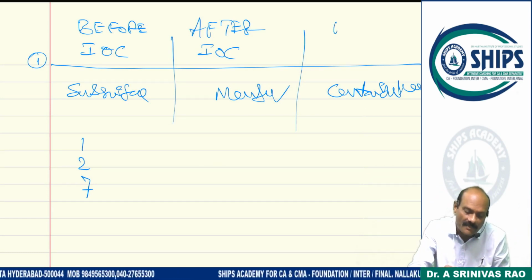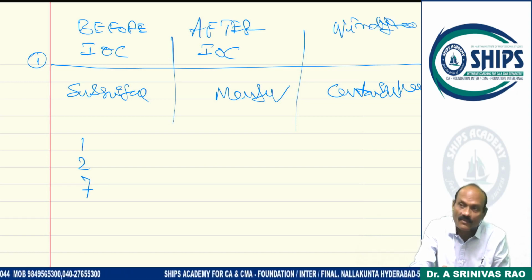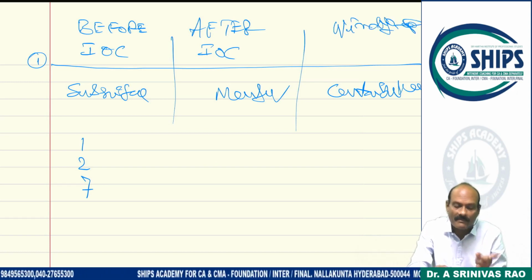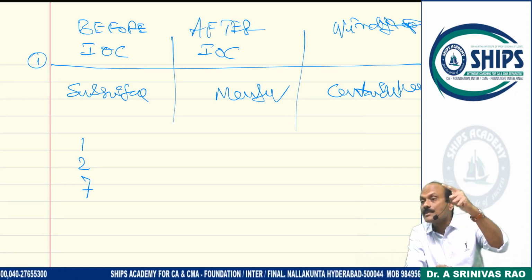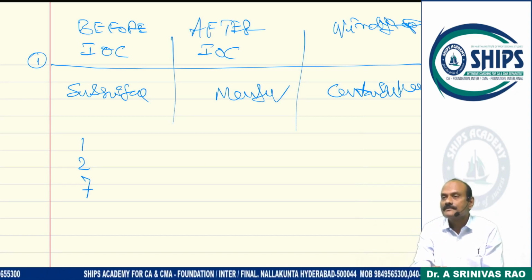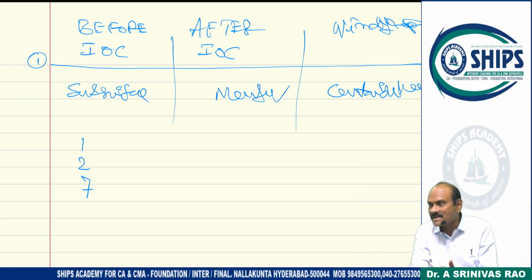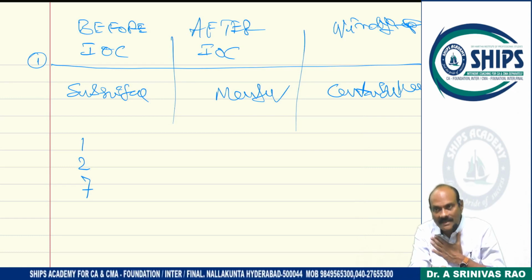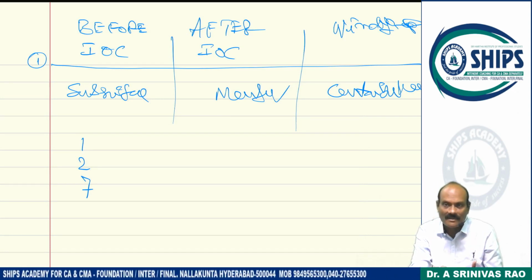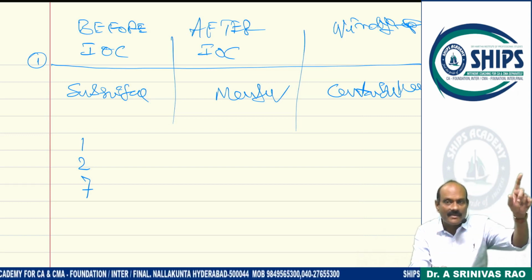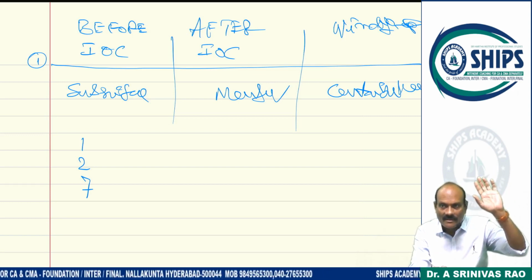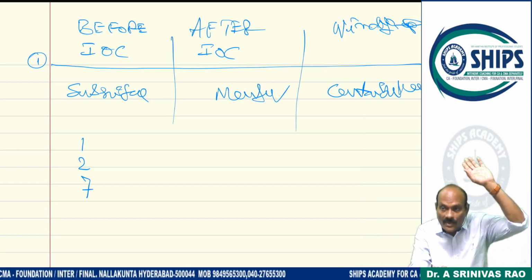Once winding up of a company has started, we are closing the company, the members will become contributories. If there is any unpaid balance on the shares held by me, I have to pay it to the company, or the guaranteed amount given, I have to pay. Then I become a contributory.